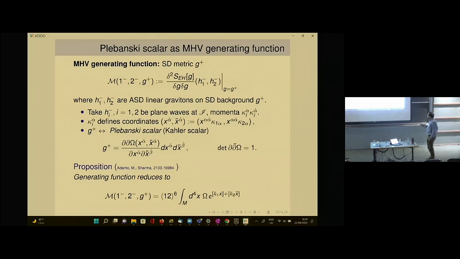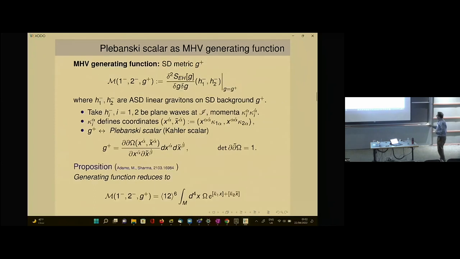So one of the things that we do is start from the standard Einstein-Hilbert action, which is just the integral of the scalar curvature, and we take the second perturbation with two negative helicity gravitons. We do a couple of integrations by parts, and lo and behold, we find that this Plebanski scalar is a generating function for the amplitude.